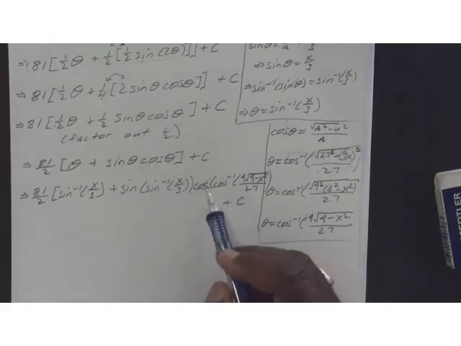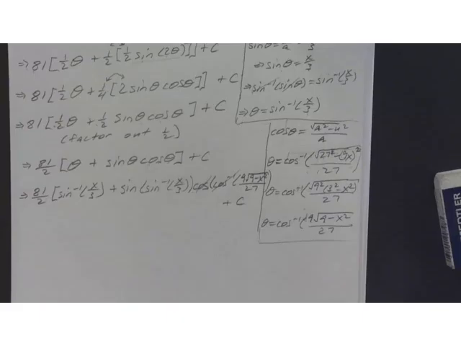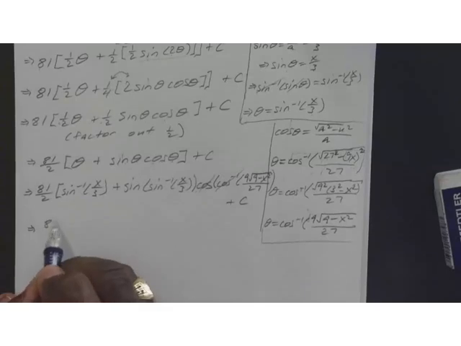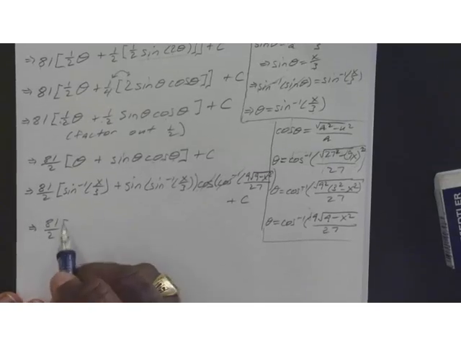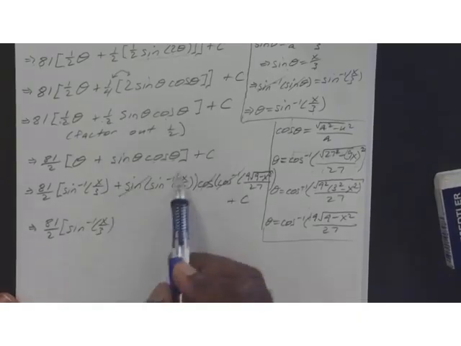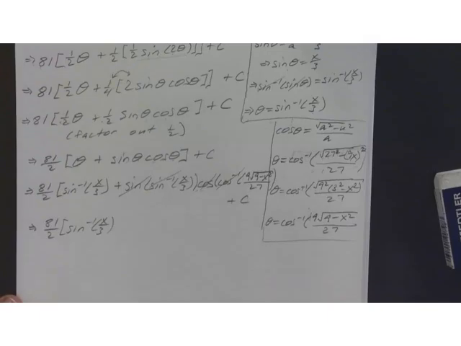Okay, so here the cosine and the cosine inverse cancel out. That leaves us with 81 divided by 2 times the sine inverse of x over 3. This sine and this sine inverse cancel each other out.